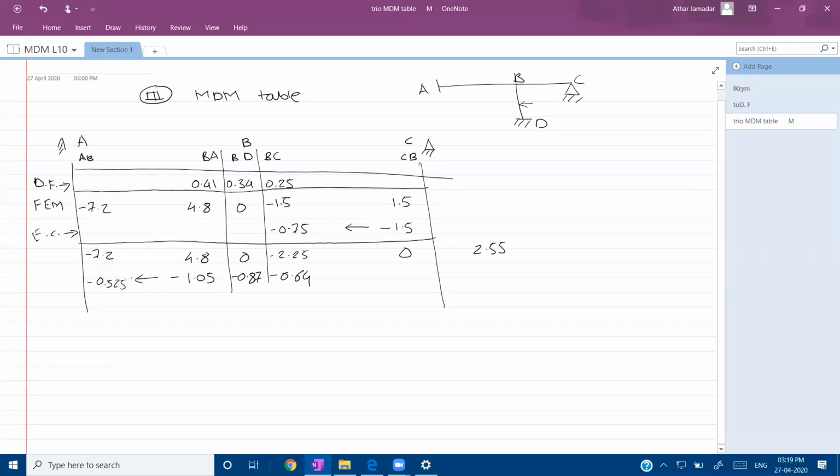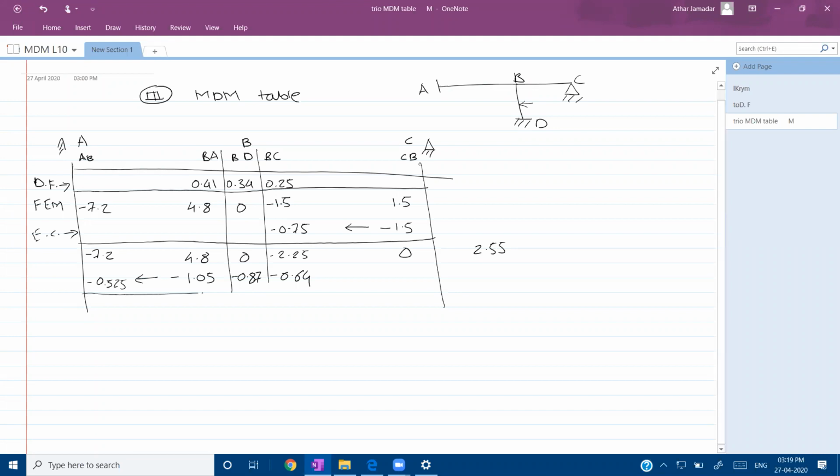But there is no need of carrying over this moment of BC to support C, because support C is hinged. Now, if you look at support D or member BD, D is fixed support, therefore this moment of 0.87 should also be carried over to support D, but we will not be compensating that here. That we will do after the unbalanced moment at support B is balanced. How to do that, we are going to see very soon.